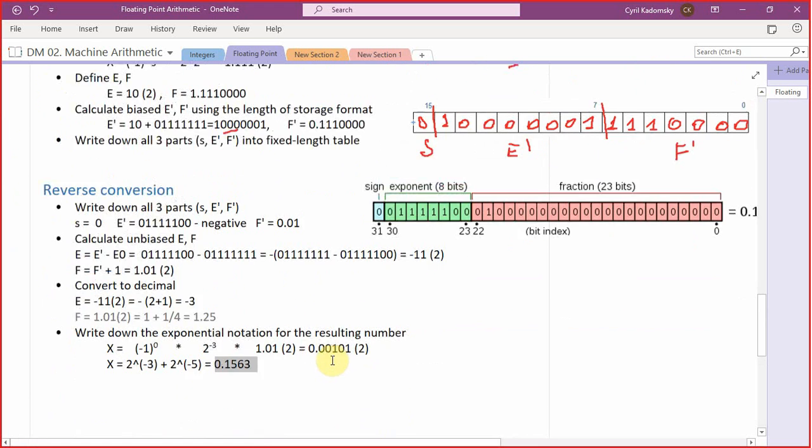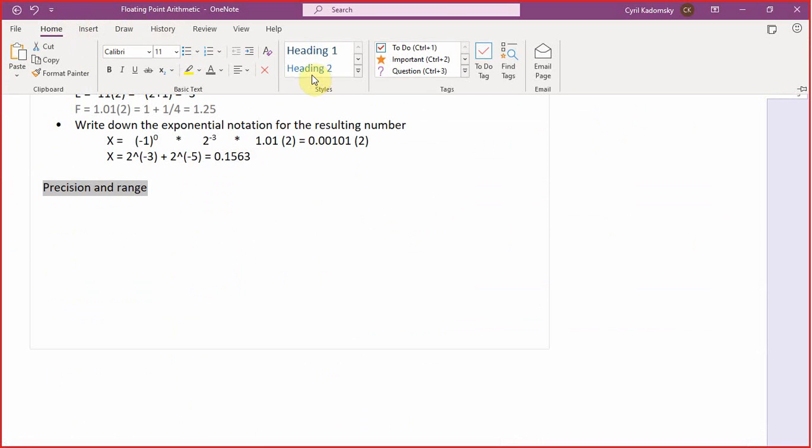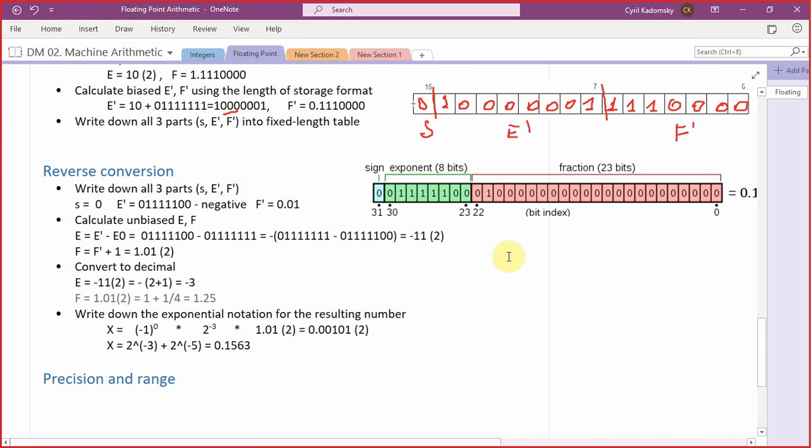And finally, for today, we're going to discuss the precision and range thing, which I have promised you. Let's have a small subtopic: precision and range. It is very closely connected to what we discussed before.